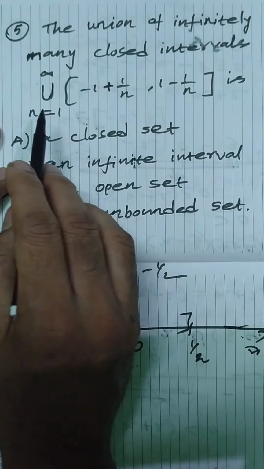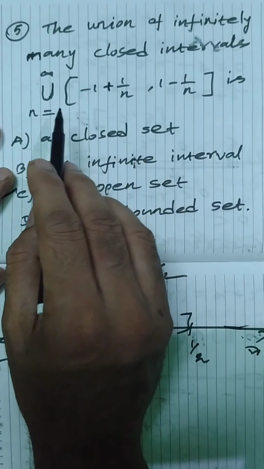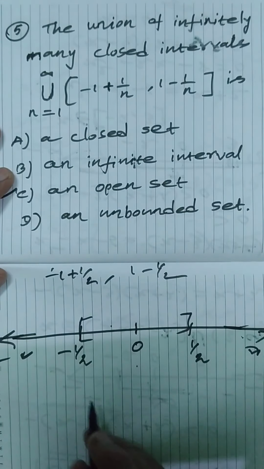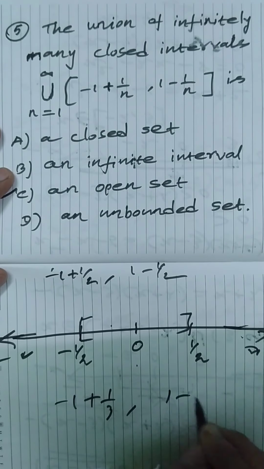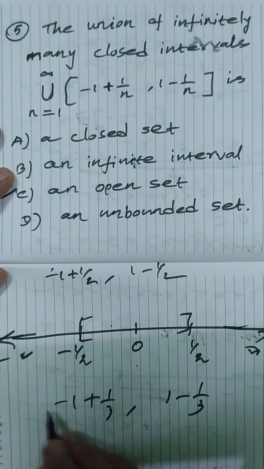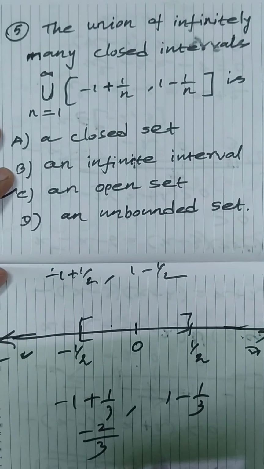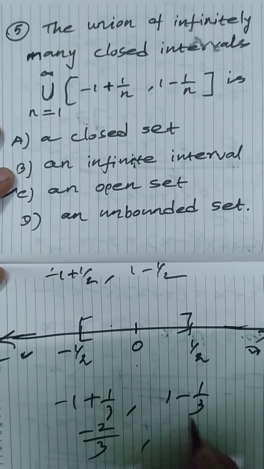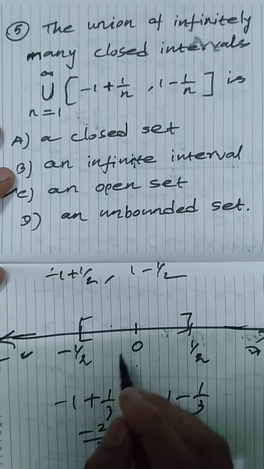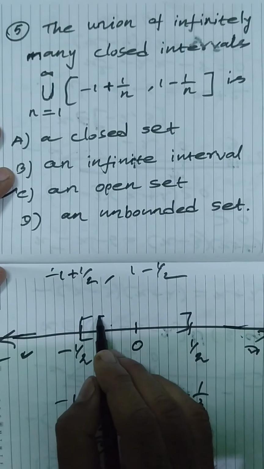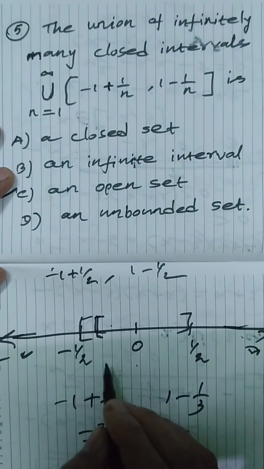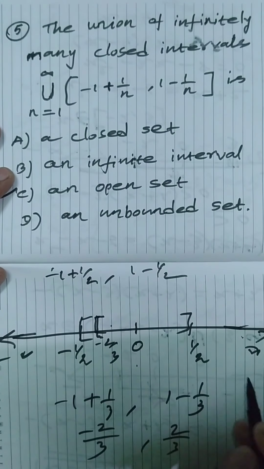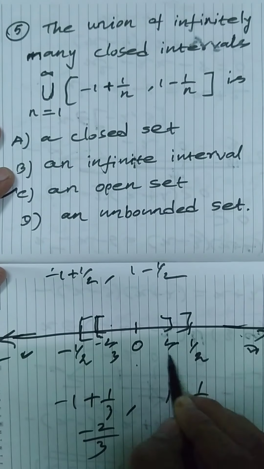Next n equal to 3, that is minus 1 plus 1 by 3, 1 minus 1 by 3, that is minus 2 by 3 and 2 by 3, which occur here.